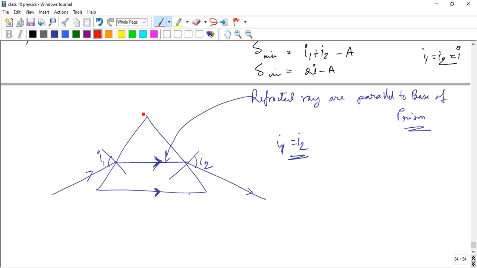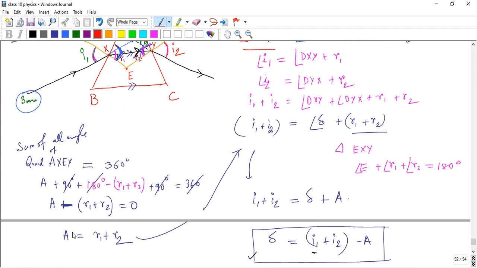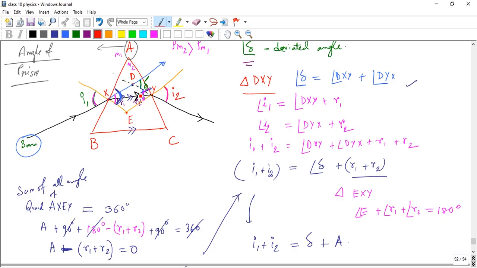And another important factor: the triangle ABC is an isosceles triangle, so angle B equals angle C. Clear? That is the minimum deviation. So I draw the triangle thinking of the minimum deviation.